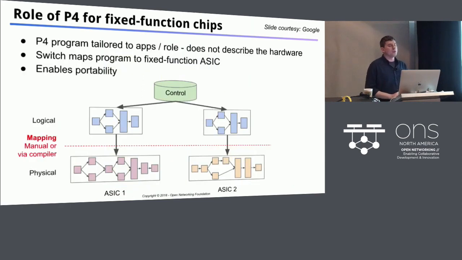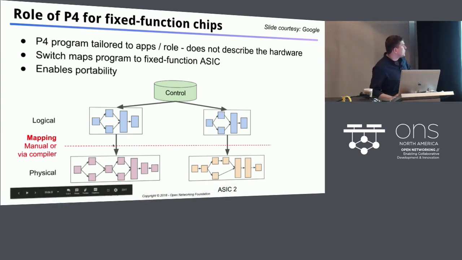As I said, there is value also for fixed function chips. And the value of P4 when it comes to fixed function switches is that of using P4 to basically describe not the hardware itself, but the functionality needed at an application level. And then the idea is that you let the switch vendor provide a mapping between this logical pipeline and the physical one.